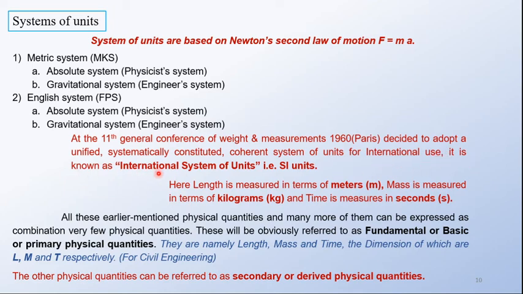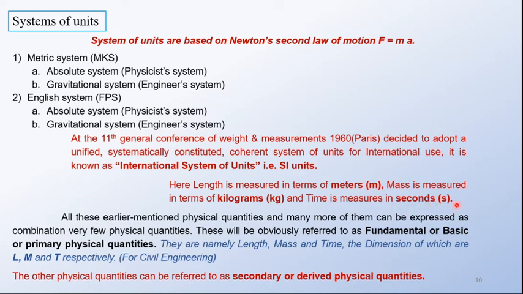It is known as International System of Units and abbreviated as SI units or SI system of measurement. Here length is measured in terms of meters, abbreviated as m. Mass is measured in terms of kilograms, kg, and the time is measured in terms of seconds.